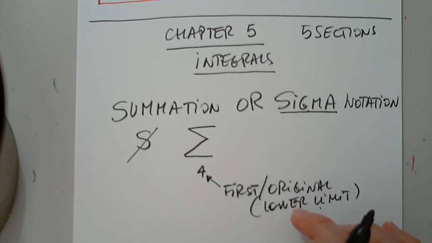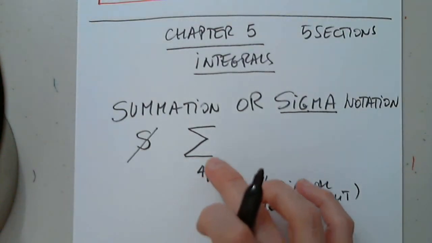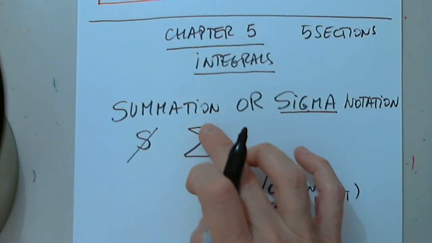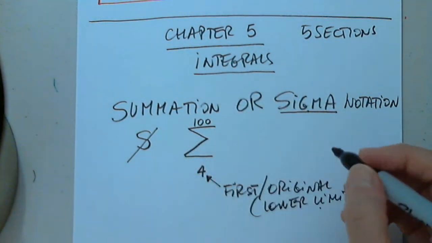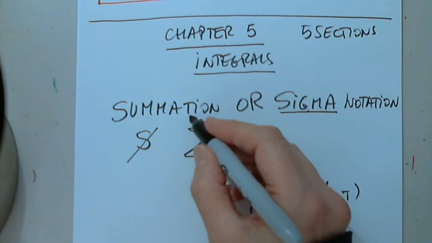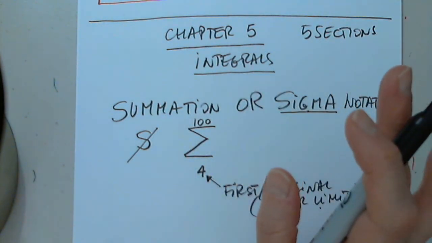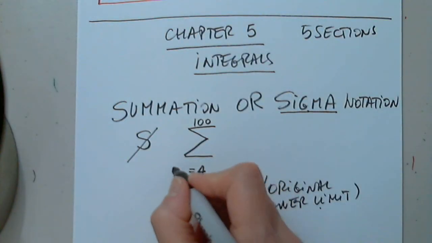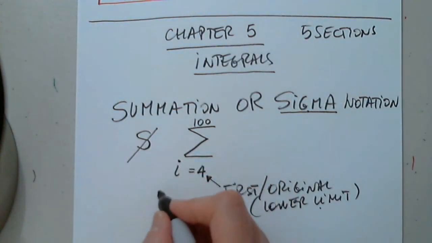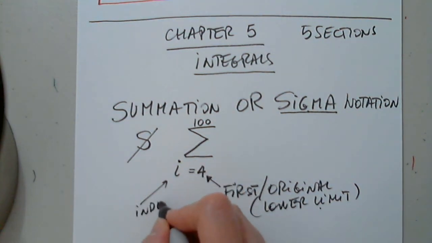Okay, so the lower limit is 4, and it has to have an upper limit. It can be 100. It can be n. It can even be infinity. However, it has to have an index. What is the index? This is the index.